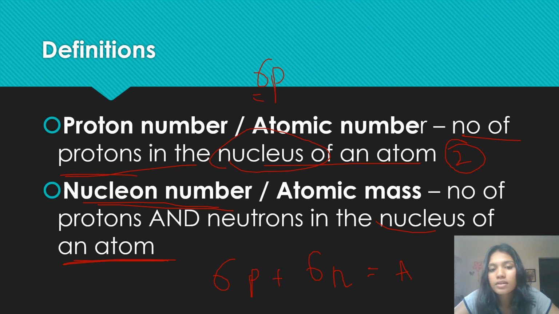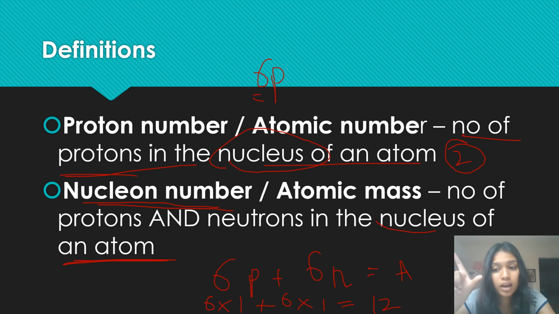How will we do that? 6 into p, the mass of p is 1, plus 6 into n, which is also 1. 6 into 1 plus 6 into 1 is 6 plus 6, which is 12. Instead of doing the into 1 thing, I'm just doing it to make it simple for you to understand. You just add up the number of protons and neutrons in the nucleus of an atom, and that gives you your atomic mass or nucleon number.